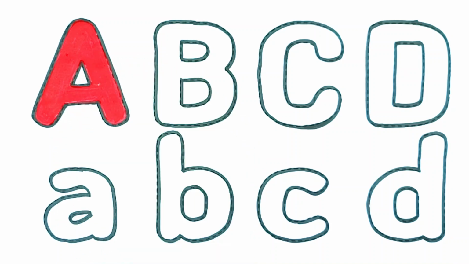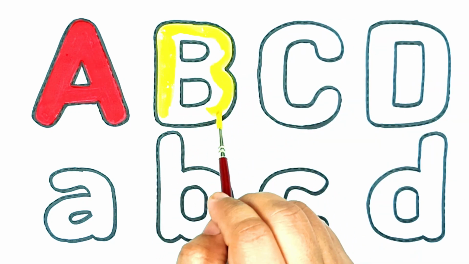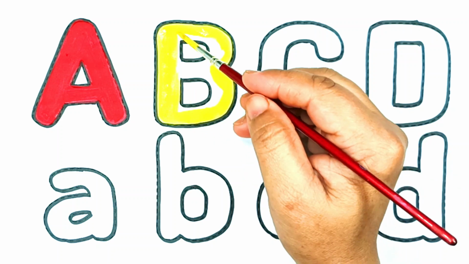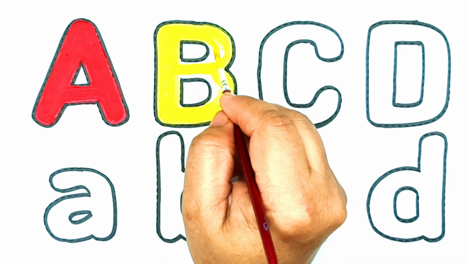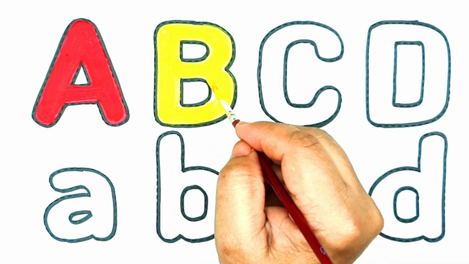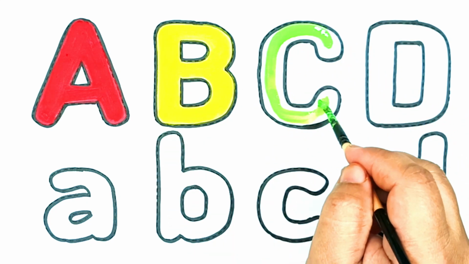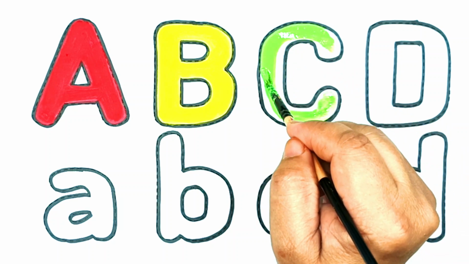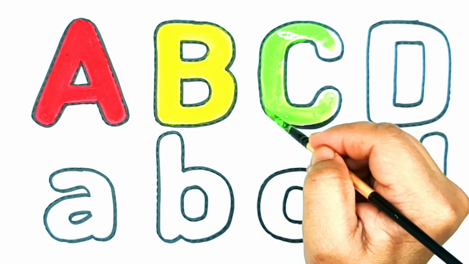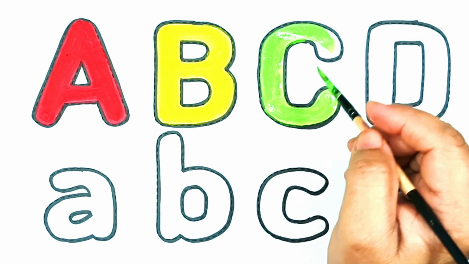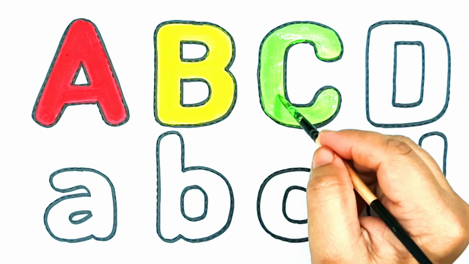A is for apple. B is for bat. C is for car.